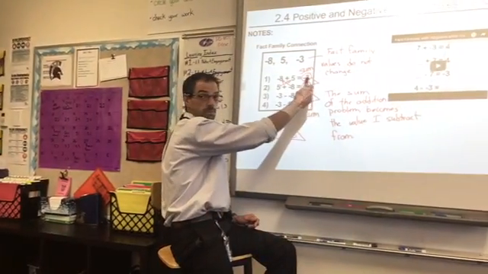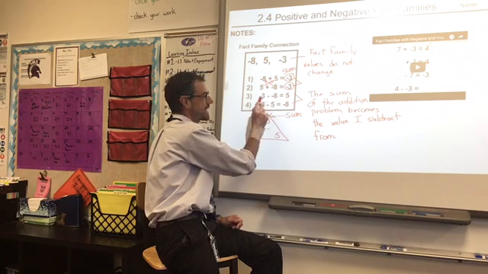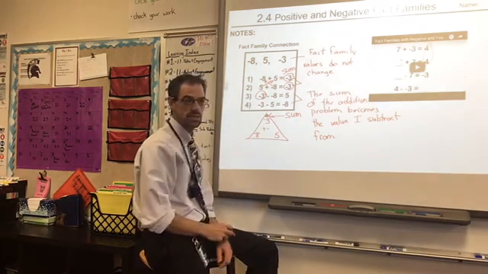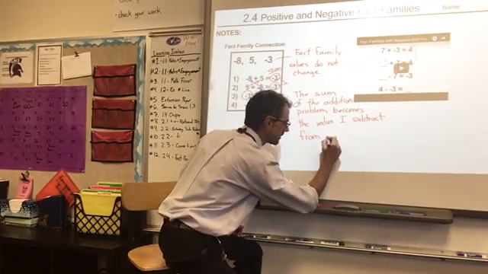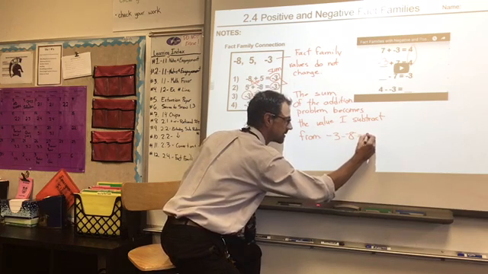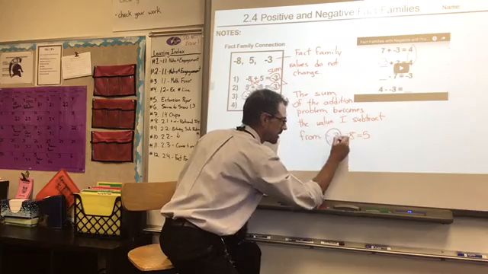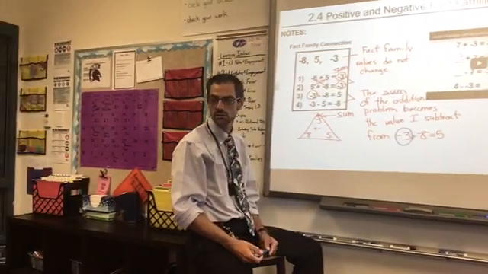So here's my sum. Look at this. I'm subtracting a number from this value, and look where my sum is. It's in the front because it's getting subtracted from. So here, -3 minus -8 equals 5. And I'm going to circle this -3 because that was the sum of my addition.